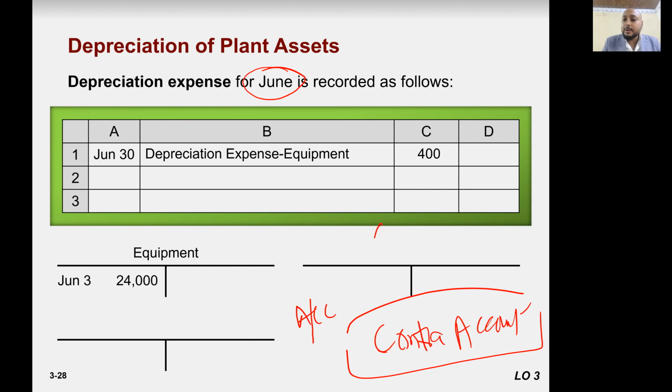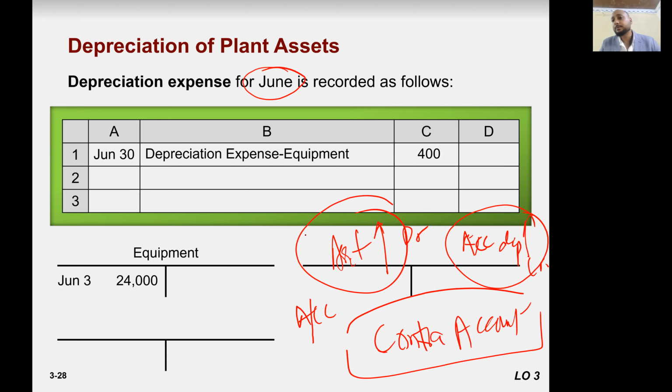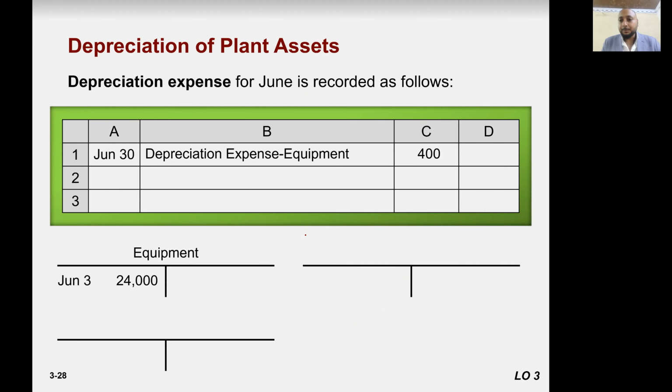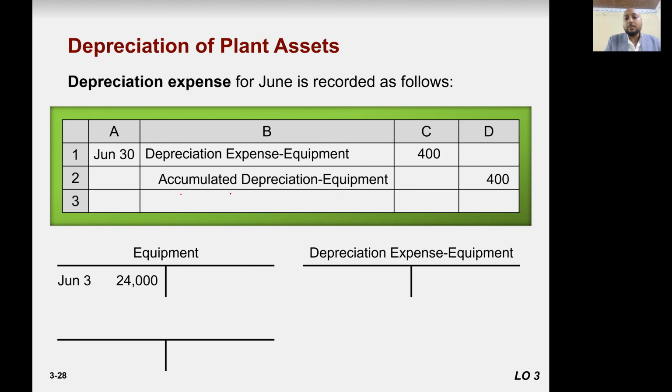So when an asset account increases, it is a debit. But when accumulated depreciation increases, it is a credit. They are not liability or owner's equity, but these are opposite of the asset account, and it is recorded on the asset side as well. So here we go. Depreciation expense to accumulated depreciation.